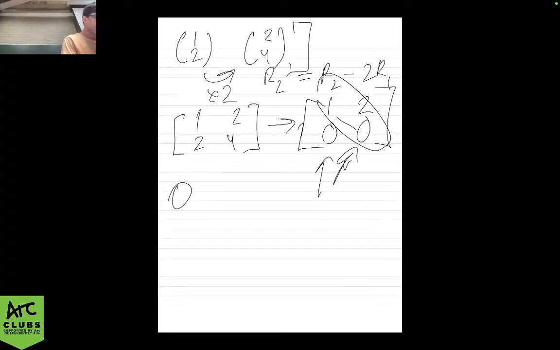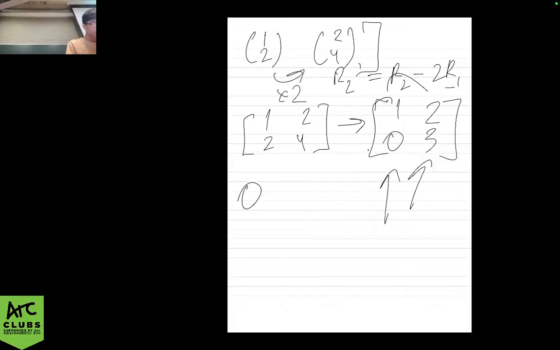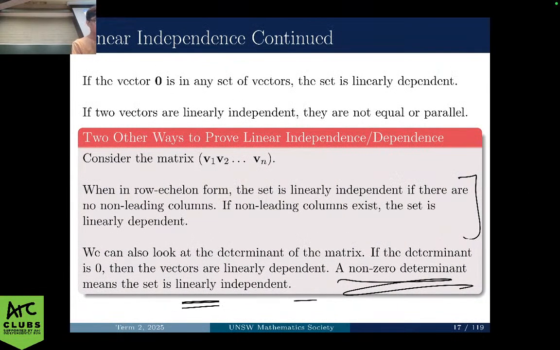Maybe it forms something like this, and I have leading columns, and the determinant is non-zero. And so I can say that this is linearly independent. Is that cool with everyone? That makes sense? Cool.